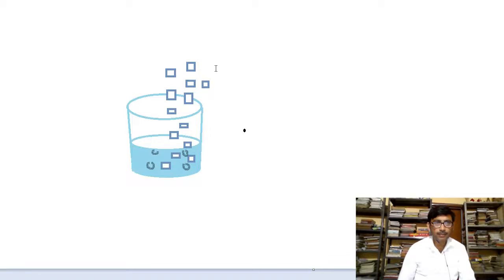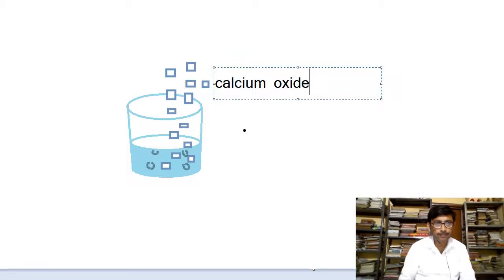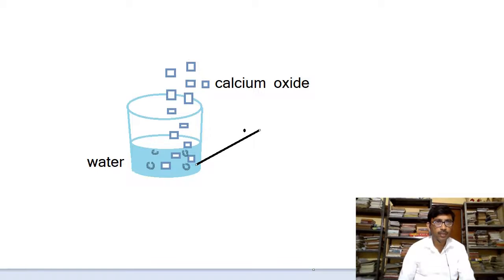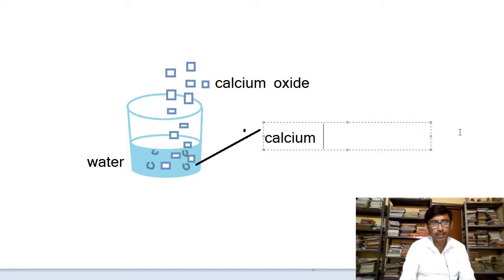So what has happened is, here we have this calcium oxide, and here we have water, and these two substances are reacting, and after reaction they have formed over here a new and single substance, and that substance is calcium hydroxide.